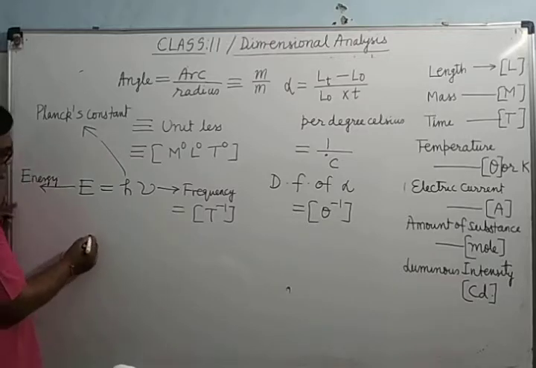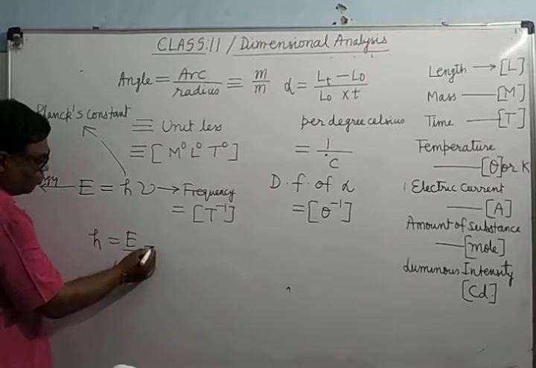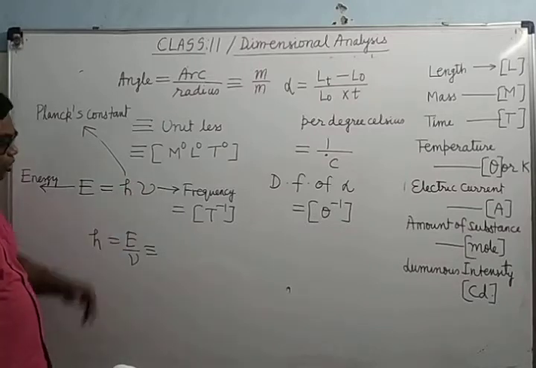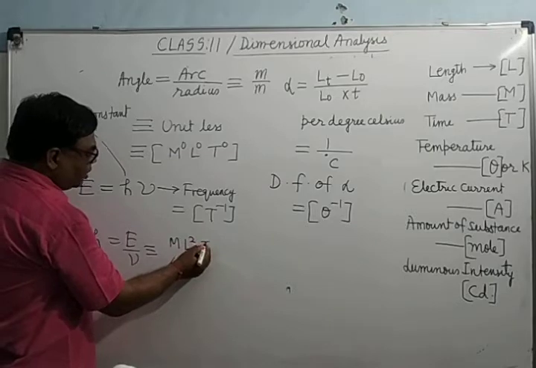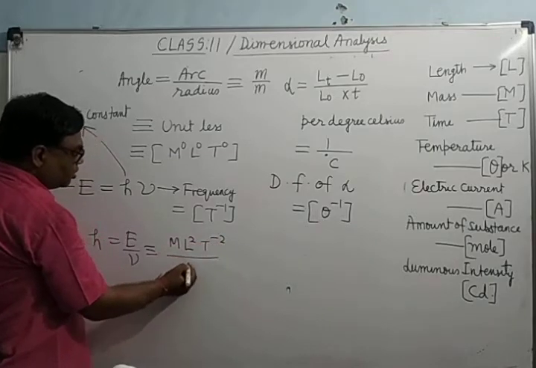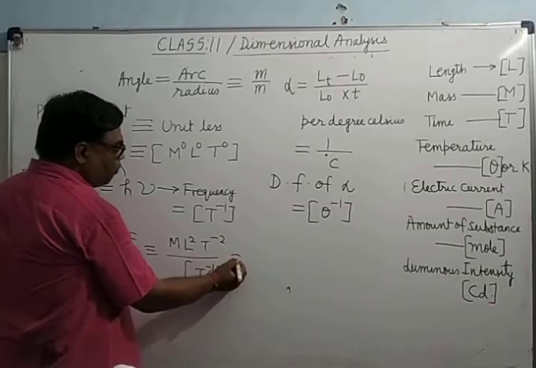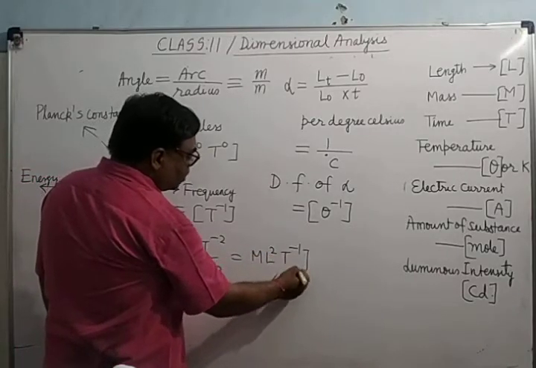So h equals E upon nu. Energy is ML square T minus 2, and nu is T minus 1. So when it goes up, it is ML square T minus 1.